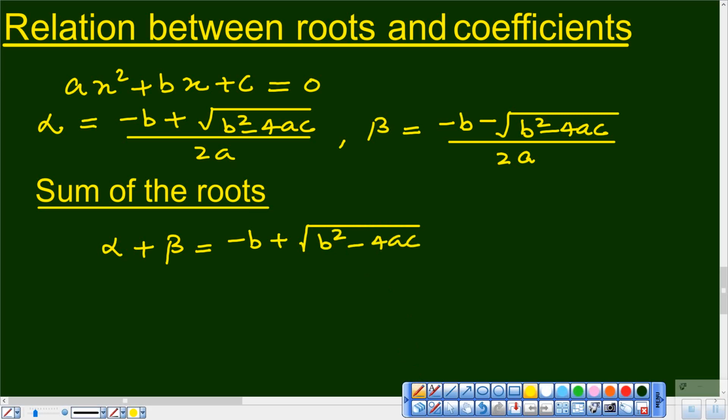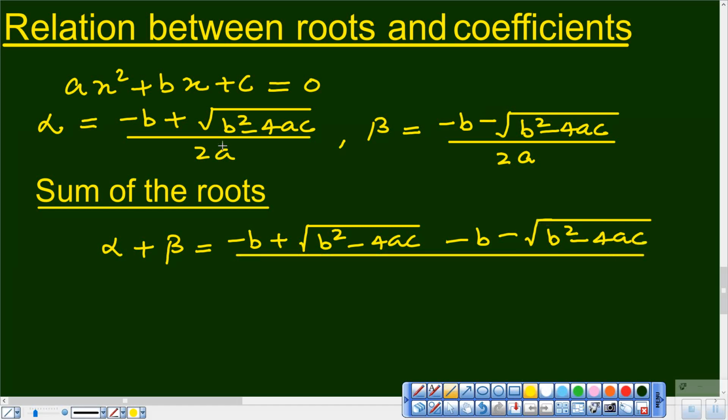They have the same denominator, that's why that can be taken as LCM, and plus beta's numerator, which is minus b minus under root b square minus 4ac, upon 2a here also, since both the roots have the same denominator 2a.